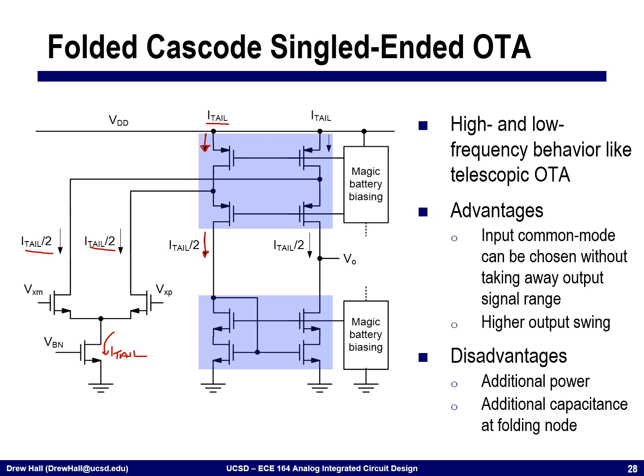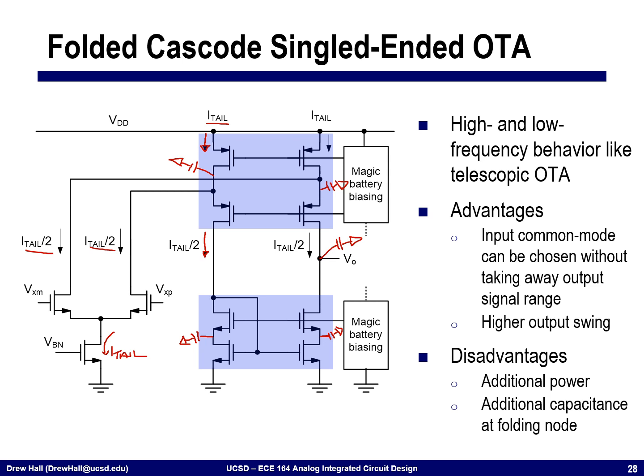It has behavior that's very similar to the telescopic OTA in terms of its frequency response, its poles and zeros, we're still going to have some non-dominant poles at each of these cascode nodes, in addition to the dominant pole here at the output, which I'll talk about in just a few seconds.